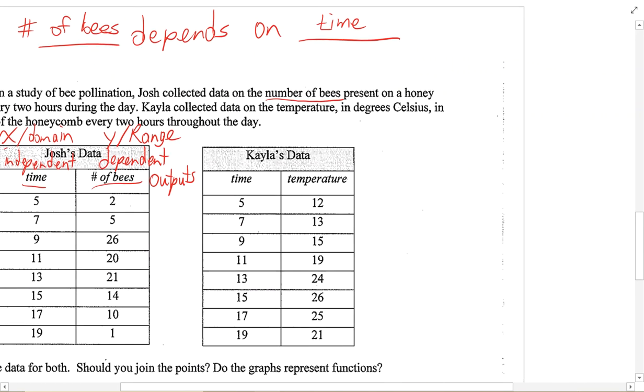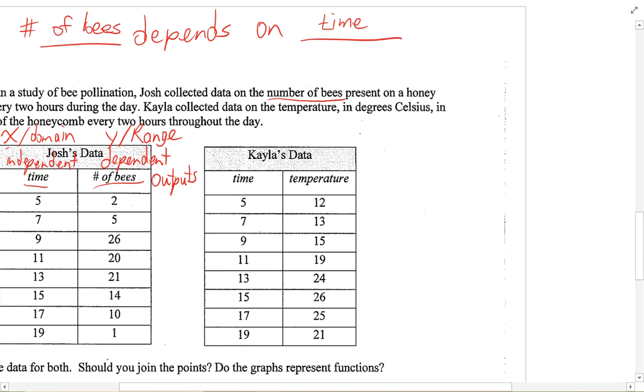What about Kyla's data? Time and temperature. So blank depends on blank. Do a depends on sentence. Which one is dependent, which one's independent? Does time depend on temperature? Not really. It makes more sense to say that the temperature depends on time.